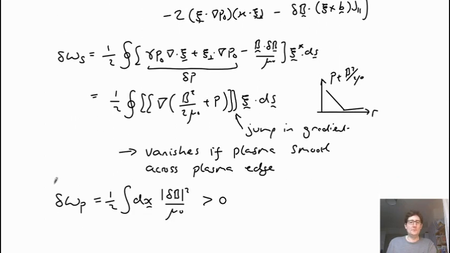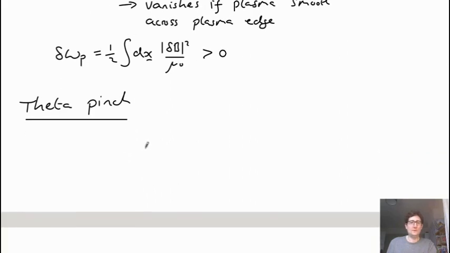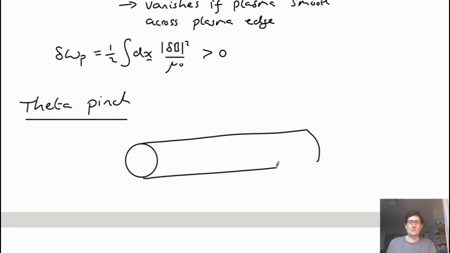And so first we look at the theta pinch, and this is a geometry where we have a cylindrical plasma like this, and we have a magnetic field running down the axis, so B is just straight through here, and we have a current which is running around the outside or inside the plasma.